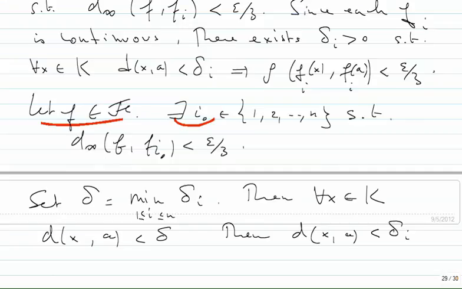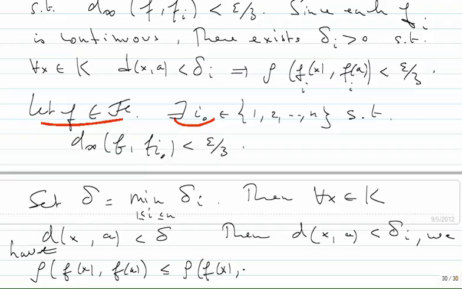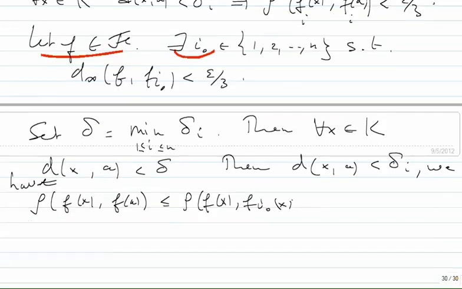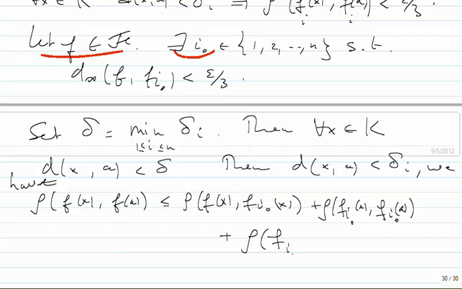So we have rho of f of x, f of a less or equal rho of f of x, fi0 of x plus rho of fi0 of x, fi0 of a plus rho of fi0 of a, f of a.